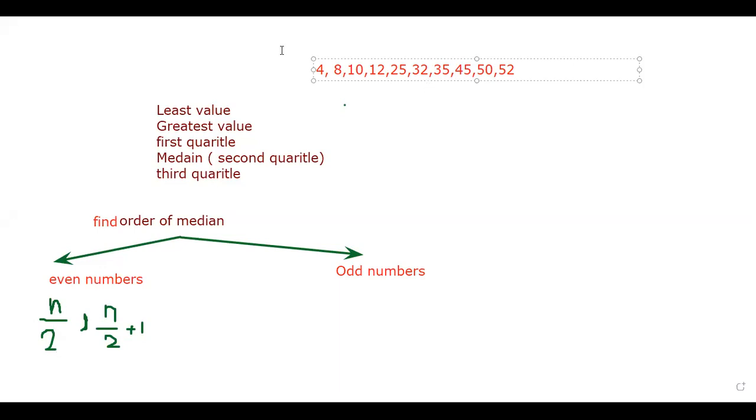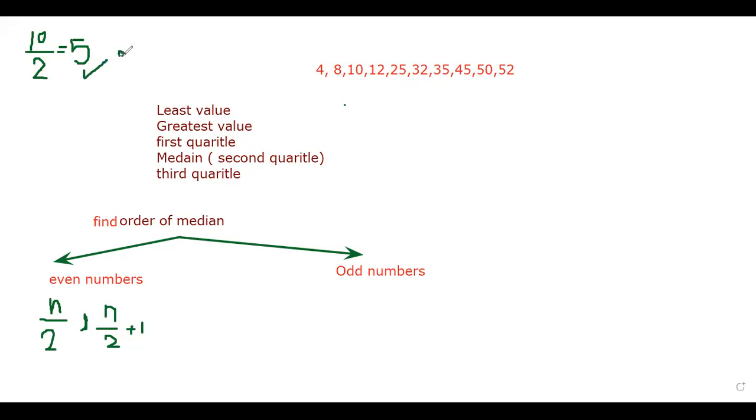Okay, so the first step, you are going to make 10 divided by 2. Then 10 divided by 2 will be how many? 5. Okay, then back to the rule, he said n over 2, and then n over 2 plus 1, which means you found 5, so you are going to take the next one.